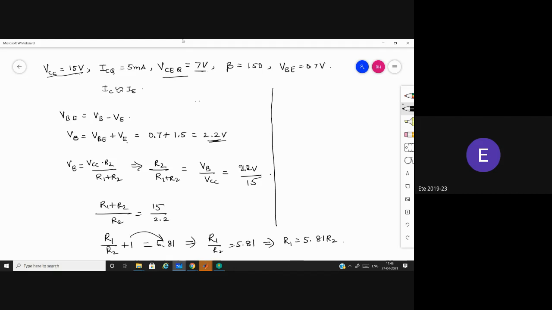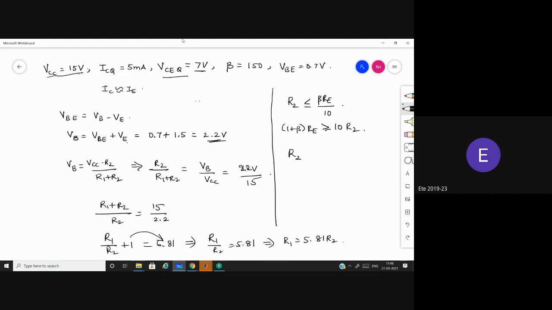So we can use that condition here. We can simplify it as R2 less than or equal to beta RE by 10, by taking 1 plus beta almost equal to beta.